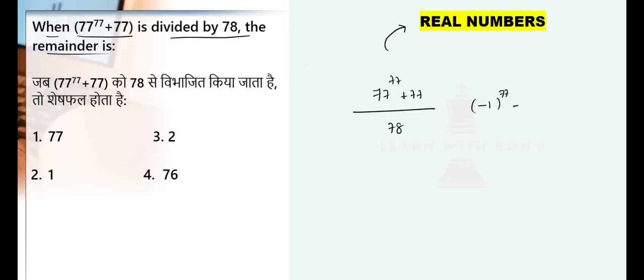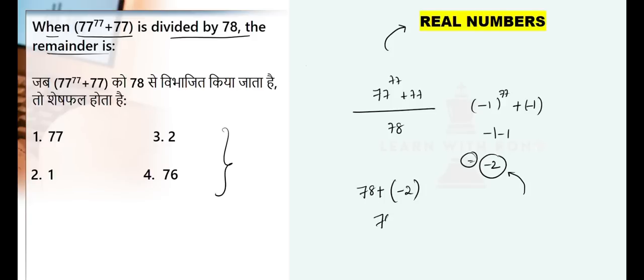So 77 plus 77 by 78, remainder minus 1. Minus power odd number. So minus 1, minus 1. So we got the remainder minus 2. But here the options are given positive. So how will you convert negative remainder into positive one? Simply add the divisor 78 plus remainder minus 2, 78 minus 2, 76 is our remainder, option number 4.